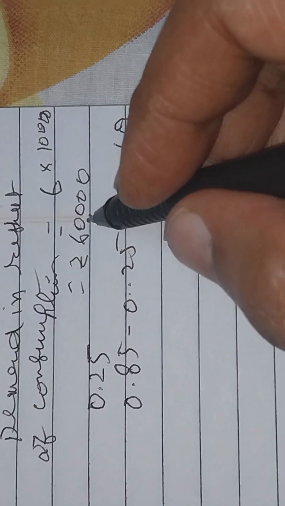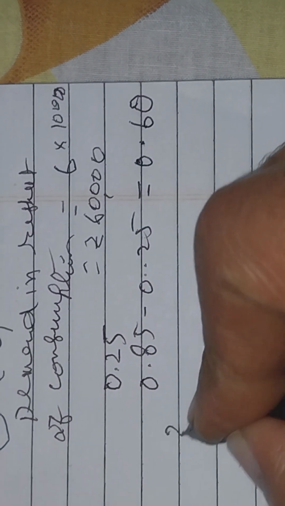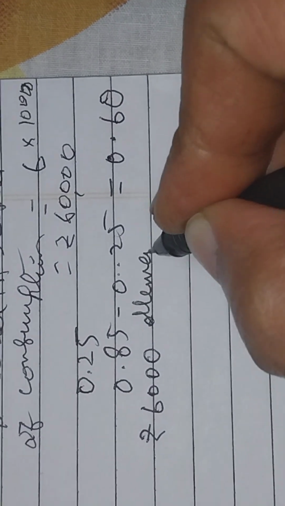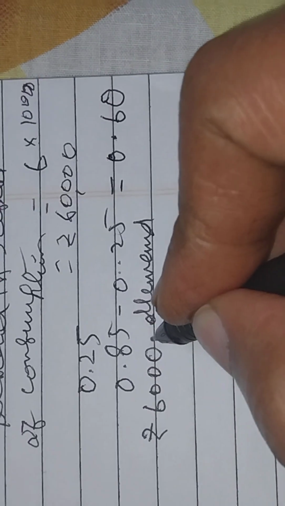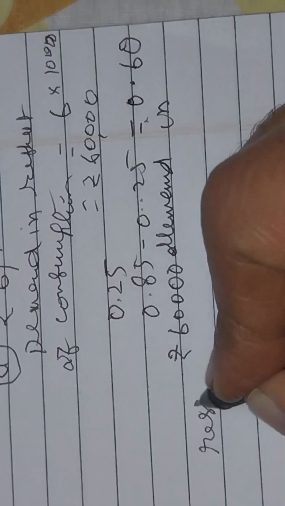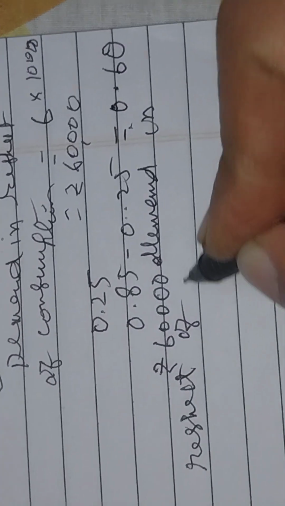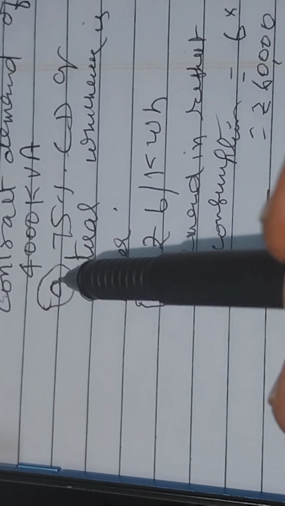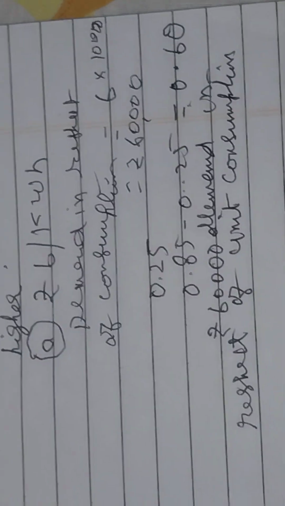So what is the unit consumption? Demand in respect of unit consumption is rupees 60,000. And what we discussed earlier, on demand charge it will be either 75% of contract demand or actual, whichever is higher.